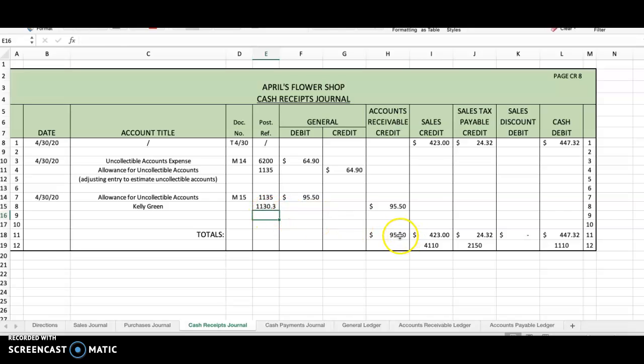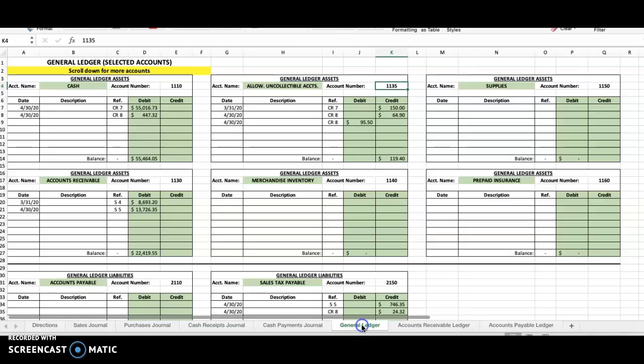Now, eventually this $95.50 will be credited to the accounts receivable account in the general ledger, because that account shows the total amount people owe us. If we've written off $95.50, it's going to be credited because it will reduce that account. So that will be credited to the accounts receivable account in the general ledger.